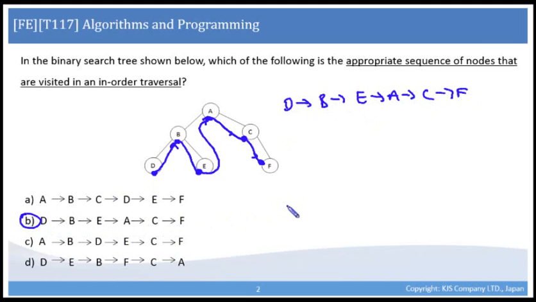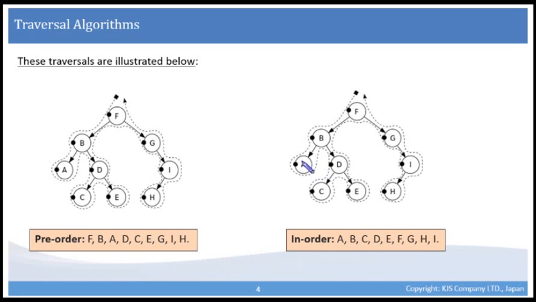Let's just check this, and also analyze what some of the other traversals are. We've already analyzed the in-order algorithm, so let's have a look at the pre-order algorithm for traversal. First of all, we would start at F. We start at the parent, the main parent of the whole structure, the tree.